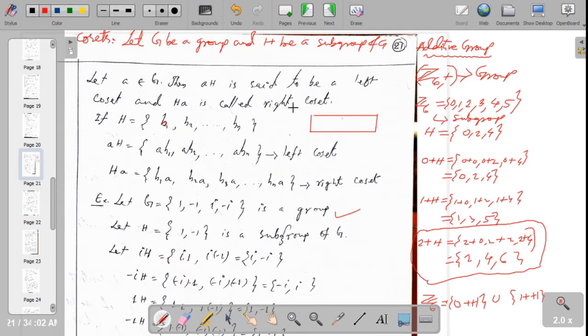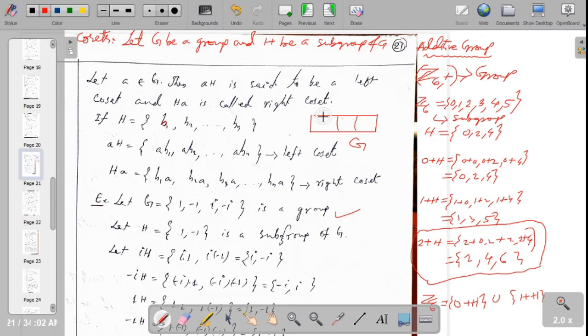Suppose this box represents the group G, or the length of the group G. Then the cosets will divide or partition this group into equal sections like this.